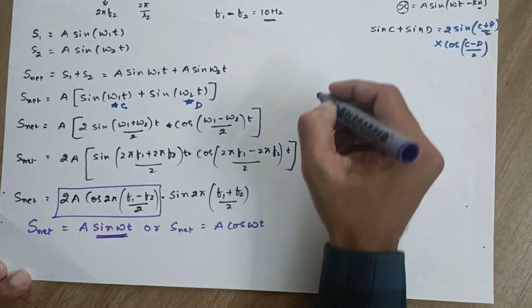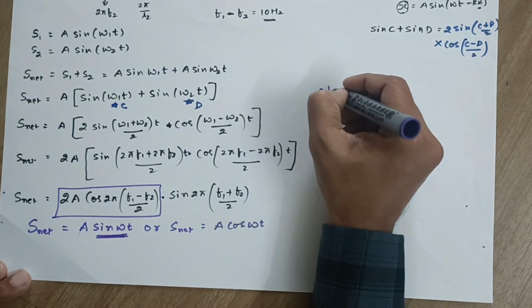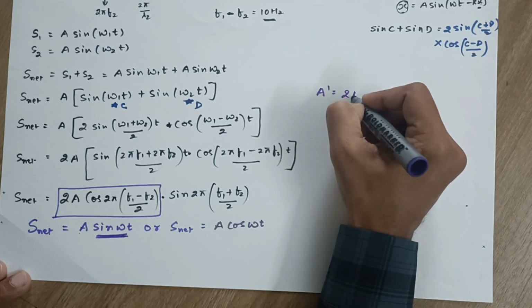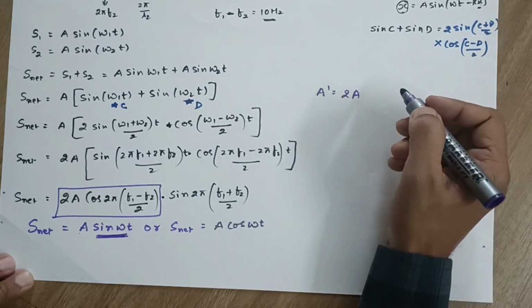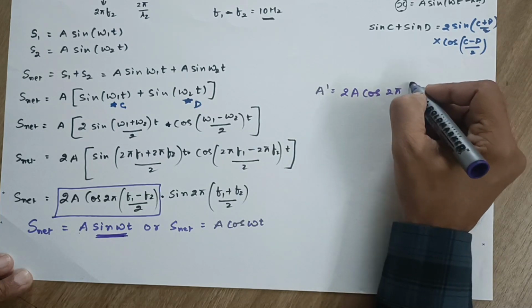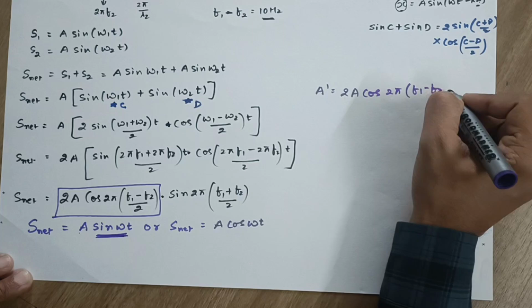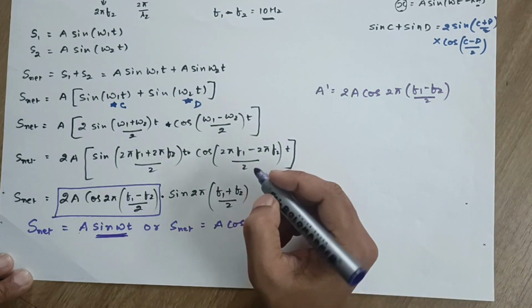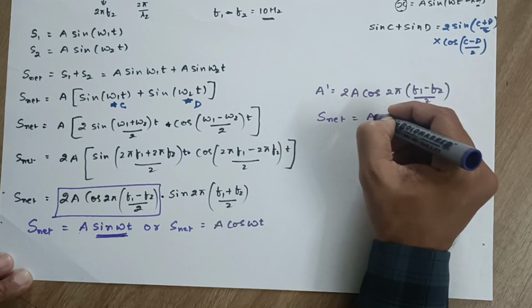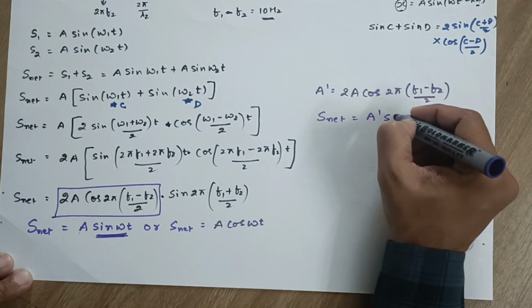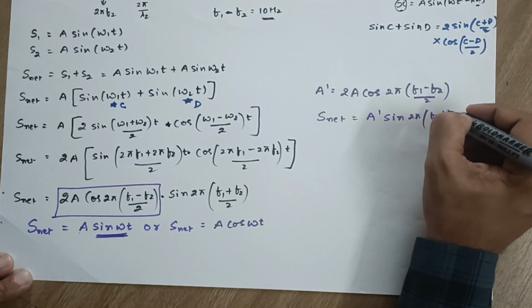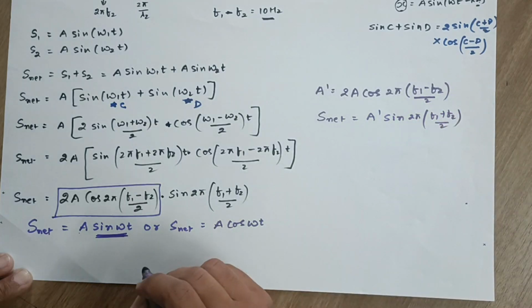So I'm just going to write down amplitude a dash, is equal to 2a cos 2 pi (f1 minus f2)/2, right? So this entire equation becomes S net is equal to a dash, then you have sine 2 pi (f1 plus f2)/2, correct?